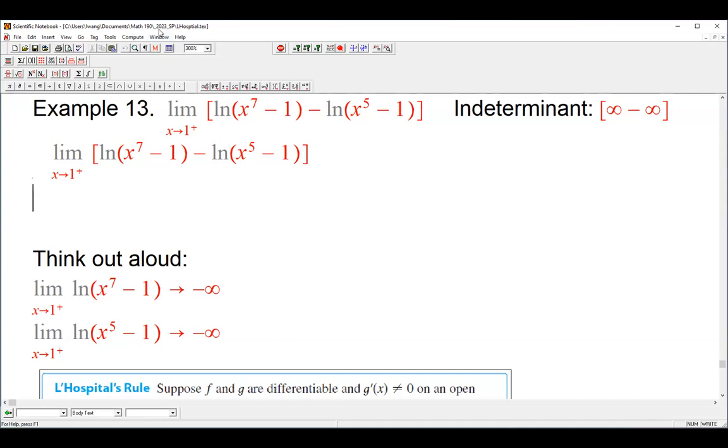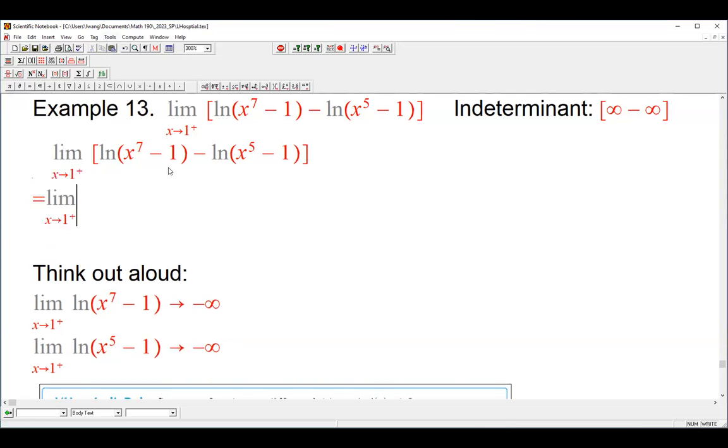So what can we do? Well, first we can apply the quotient rule inside the bracket. Okay, because this piece is positive, this piece is positive because of the setting we're in. So we're going to take the quotient rule, and of course, ln.